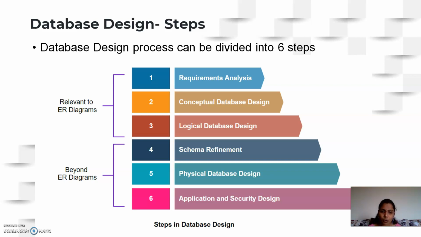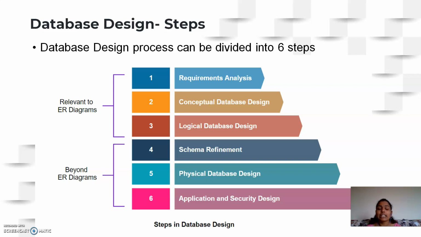From the ER model, we are translating the objects into tables, the properties into attributes, and the relationships into referential integrity constraints. Right? So after the third phase, you will get the tables as well as the database that exists in your software, in your machine.